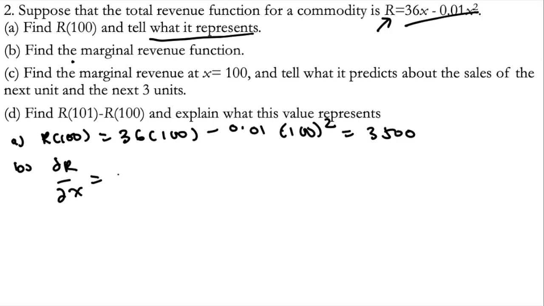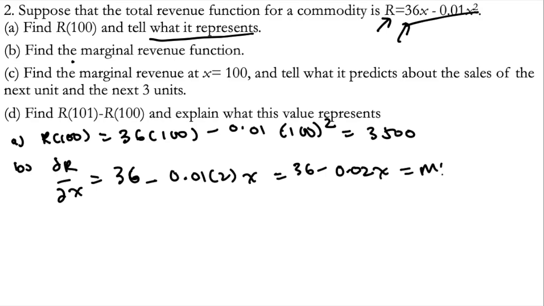So 36x here becomes 36. Minus 0.01 x squared here becomes 0.01 times 2 x to the power of 1, isn't it? So it becomes 36 minus 0.02 x. So that's your marginal revenue.